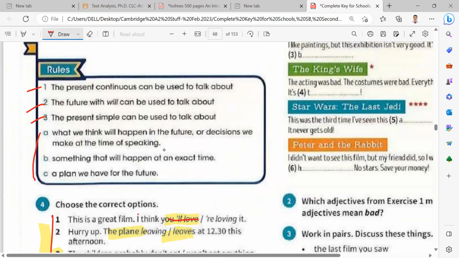The present continuous can be used to talk about what? When we use present continuous to talk about future, which is situation A or B or C? You have A, you have B, you have C. What we think will happen in the future or decisions made at the time of speaking, ولا something that will happen at an exact time, ولا a plan we have for the future.